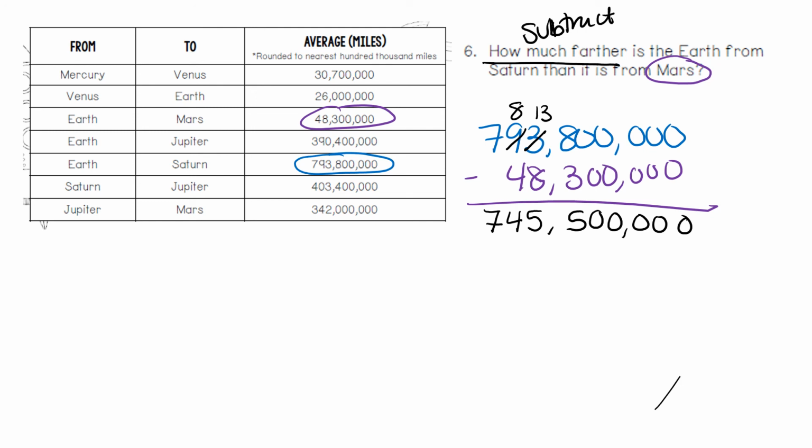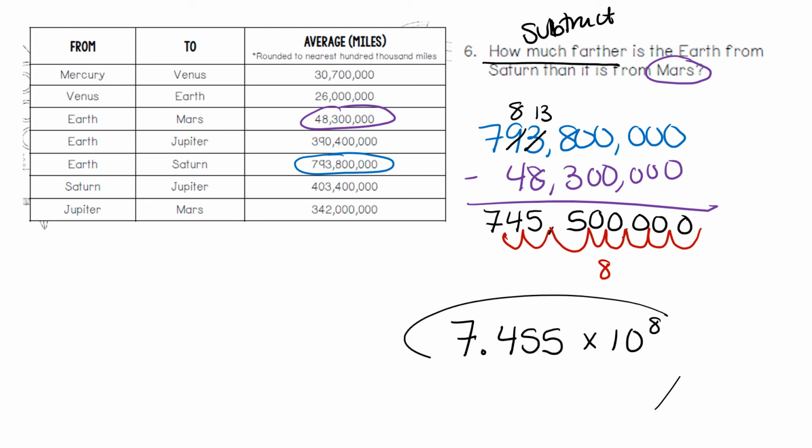We're going to write that answer in scientific notation by moving the decimal point behind the first number, meaning we have to move it 1, 2, 3, 4, 5, 6, 7, 8 times. So when we write our answer, it's 7.455, always times 10, raised to the 8th power.